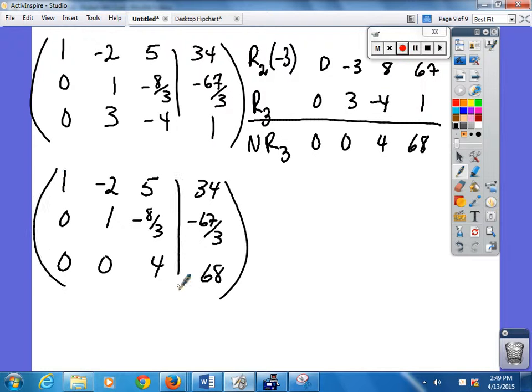Now I need to make a 1 here, so I divide row 3 by 4, and that's going to give me 0, 0, 1, and 68 divided by 4. What, 17 times? Yep. So I'm going to take a red marker, change that to 1, and change that to 17.